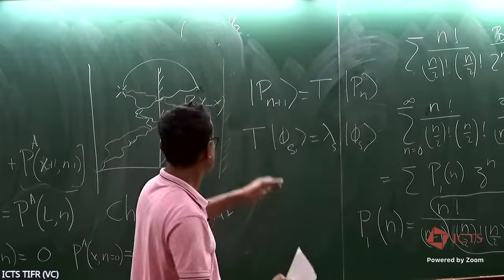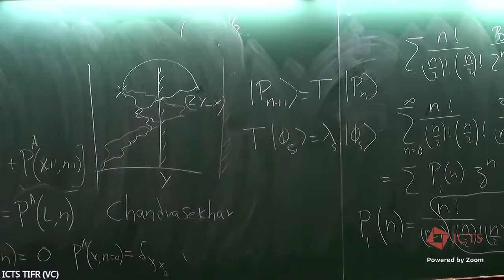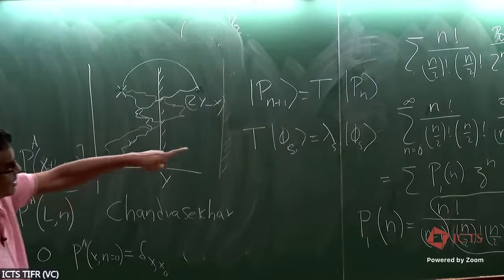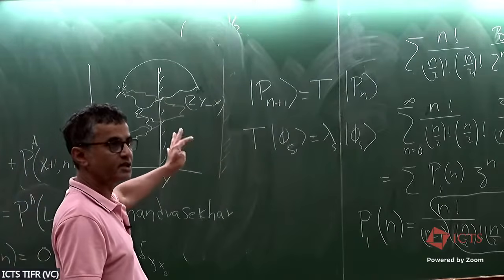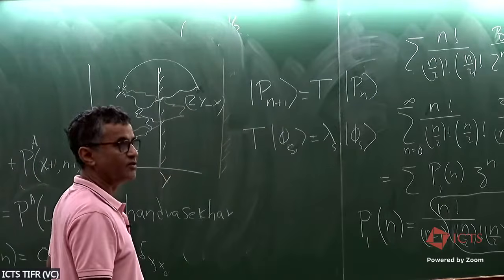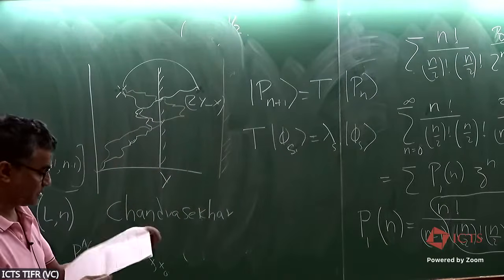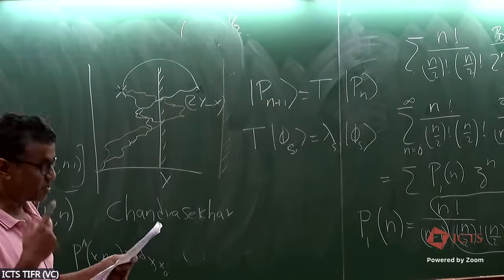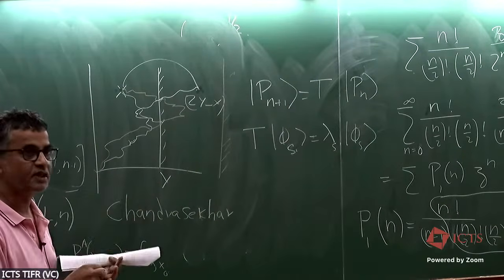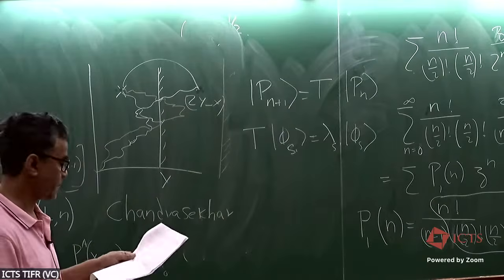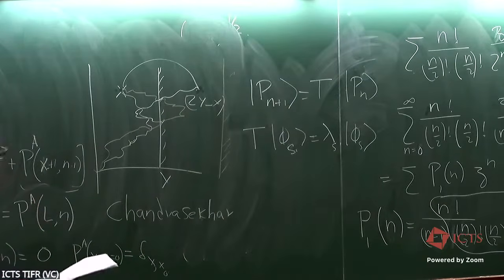So that's a more straightforward method of solving this kind of problem. Maybe first you can try solving this problem using this method, and then you can try to solve this problem. I leave it for the tutorials. But people should try, and if you don't, then we can work out the solution. It's a very good problem to do.